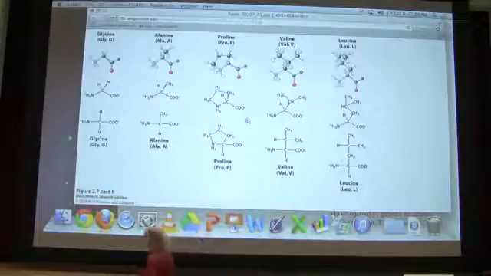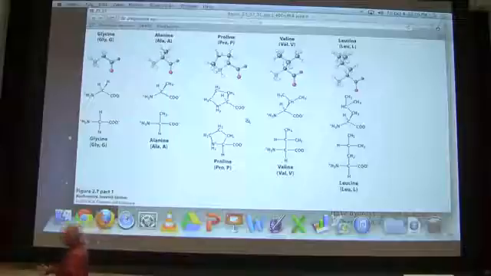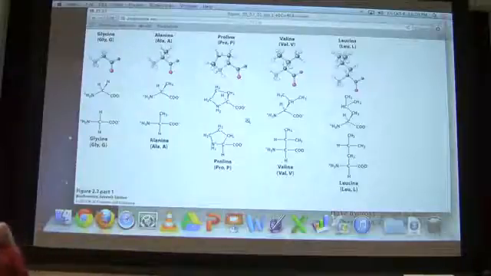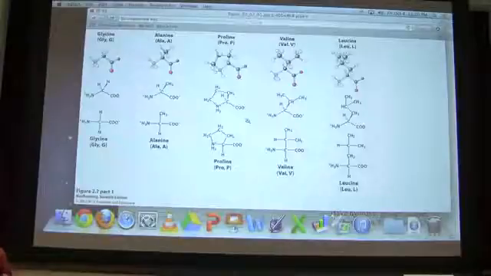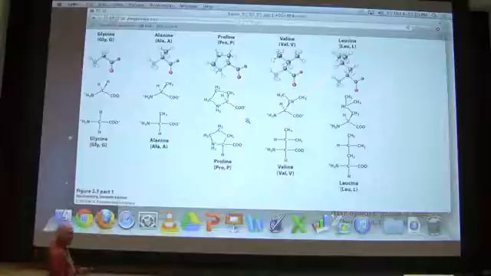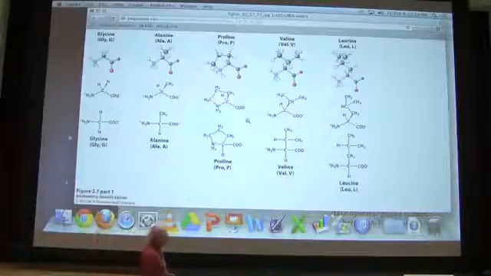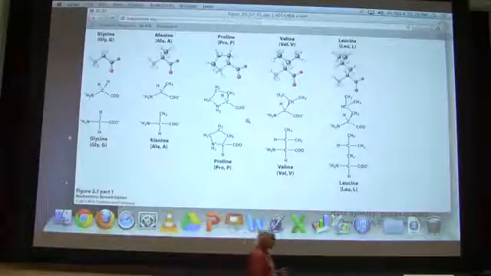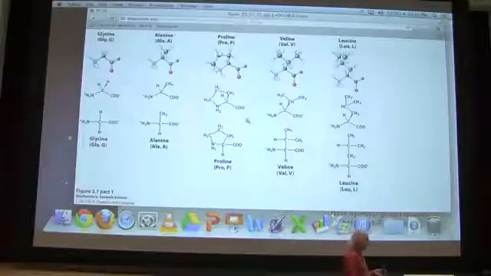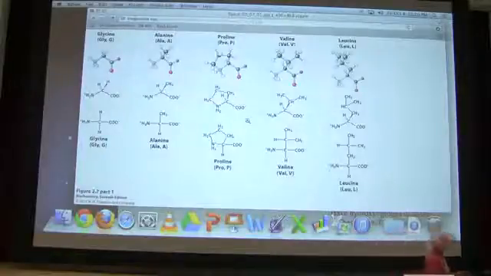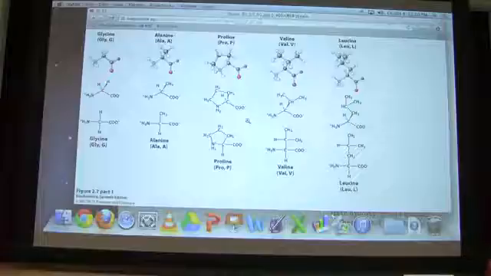But for all of the amino acids, you should know what ionizable groups they have. These are very simple. They all have only an alpha carboxyl and an alpha amine. They don't have R groups that can ionize. So they only have two, an alpha amine and an alpha carboxyl.